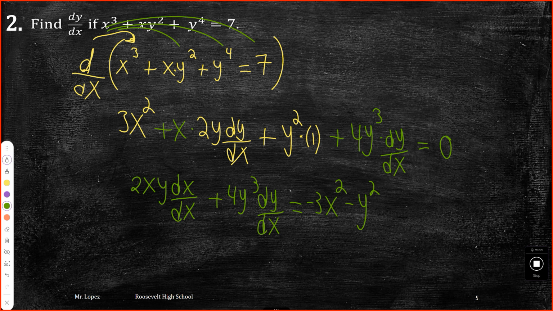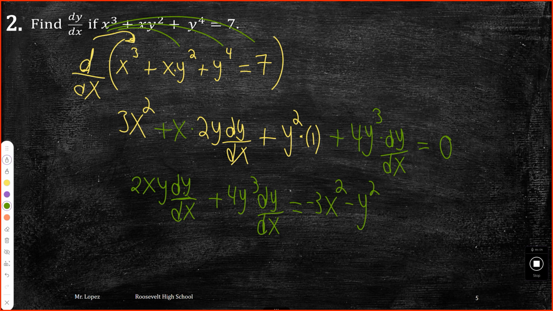Now how do I get the dy/dx? Did I write down dx? What am I doing? dy/dx. Okay. 2xy dy/dx. All right. How do I get the dy/dx to be by itself? Just somebody say factor.